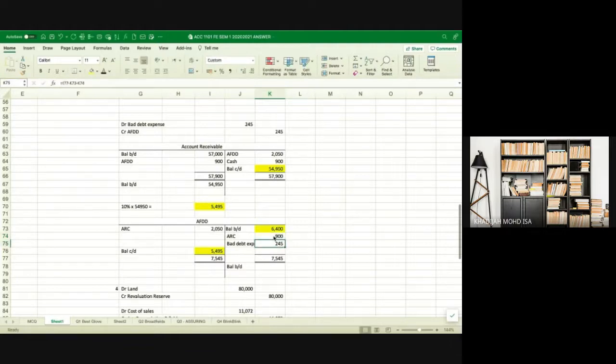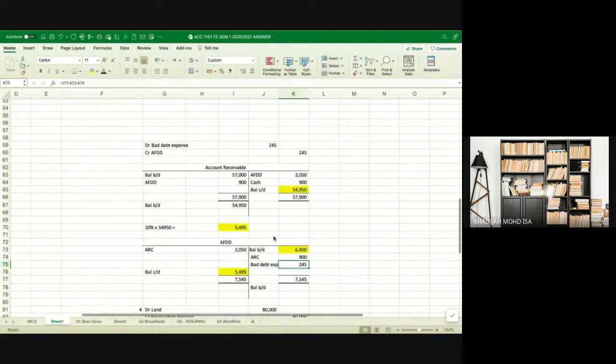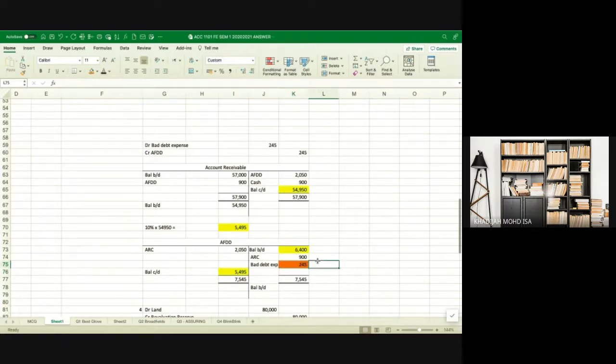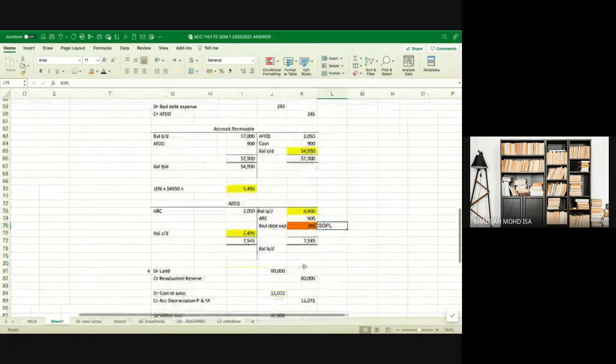And then bad debt expense. You know that you have a closing here, 5,495. So this is the balancing figure. Bad debt expense will go into your SOPL, statement of profit and loss. So don't forget you have this 245 to be put into your SOPL.